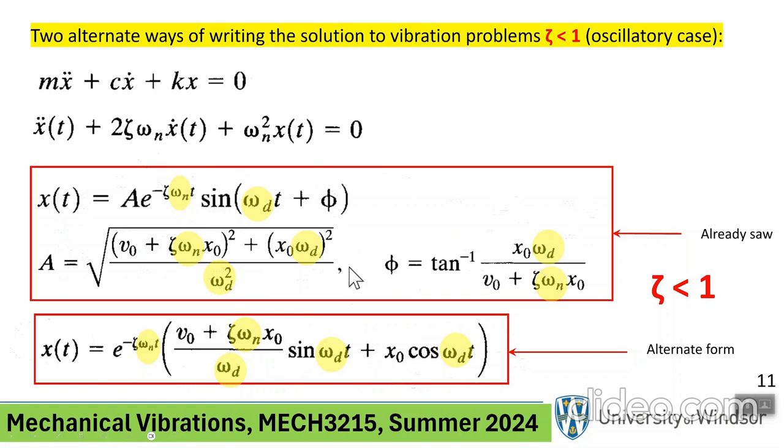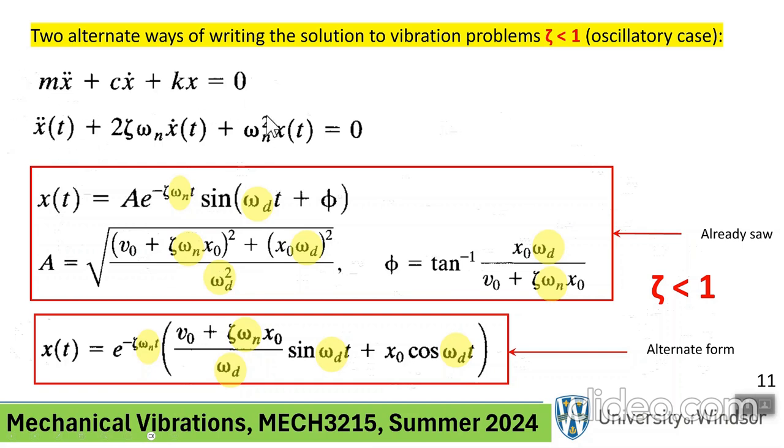Am I saying this is better than that? No. Am I saying this is easier than that? No. It's just an alternative way of writing this big box. So, two ways of writing the solution to this equation, the mother of all equation, the second form after I divided by m.